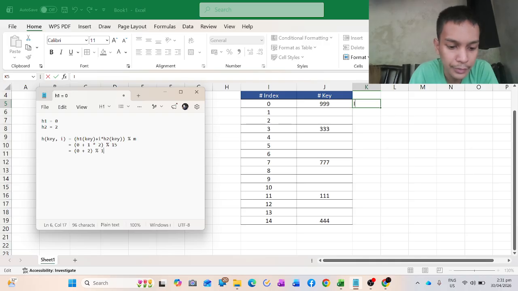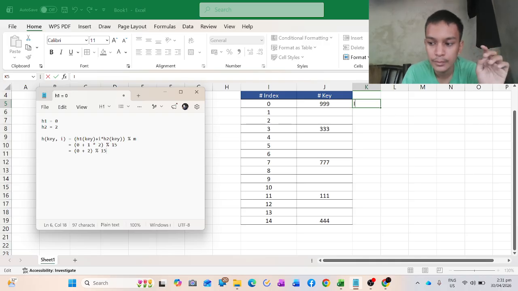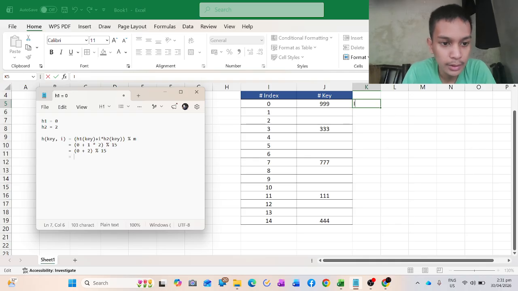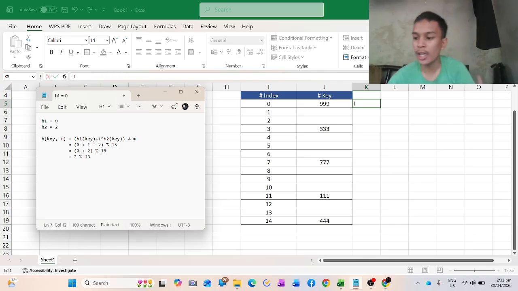So 0 plus 2 is 2, modulo 15. 2 modulo 15 is 2.